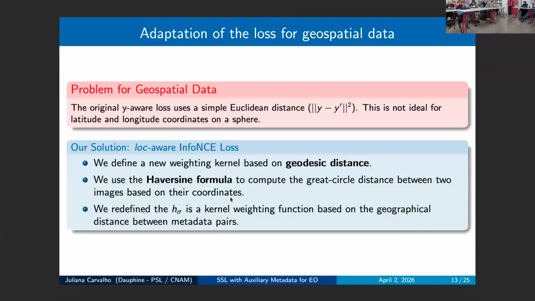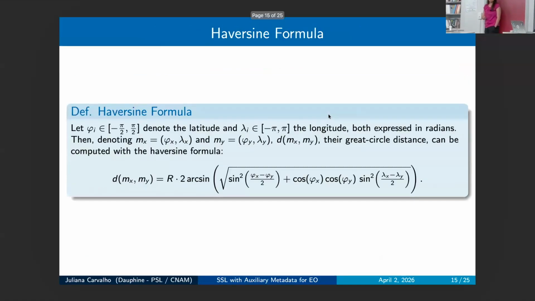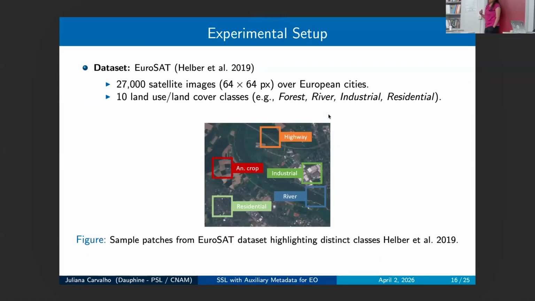So we adapted this, replacing the Euclidean distance to use the Haversine formula. And just to repeat a bit more, we use the EuroSAT dataset, which was proposed in 2019, which has 27,000 satellite images over European cities of 64 by 64 pixels.